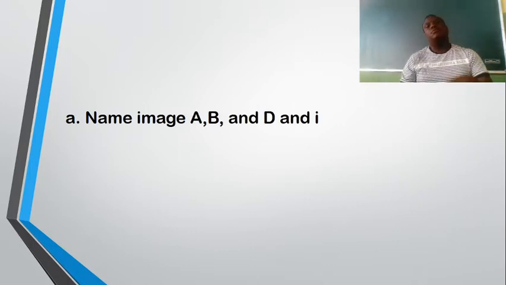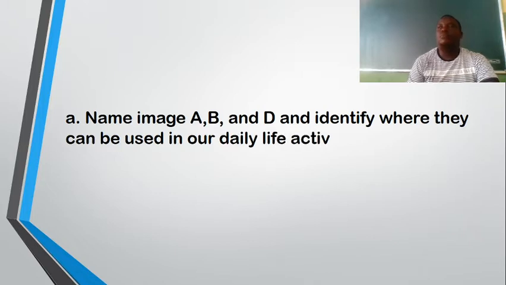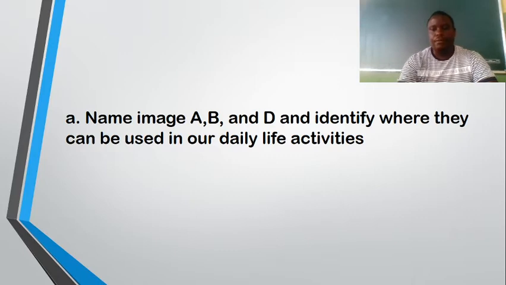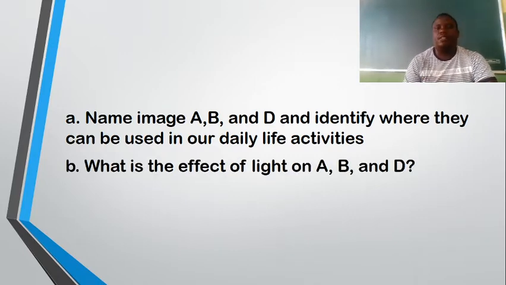So, the first question is to name images A, B, and D, and identify where they can be used in real life activities. Where do we use image A? Where do we use image B? Where do we use image D? What is the effect of light on those objects you found in images A, B, and D?